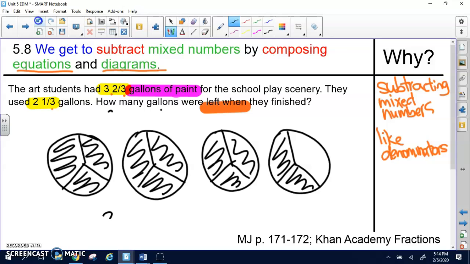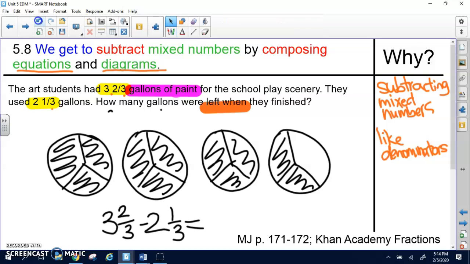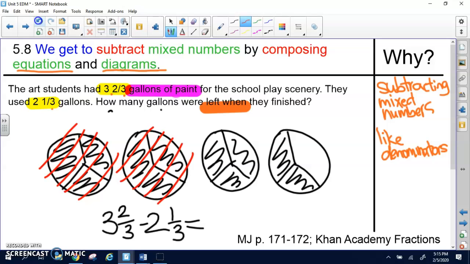So my equation, once again, I always want to write these equations: 3 2/3 minus 2 1/3 equals. What I can do is look at it where I cut out 2 1/3 wholes. So I'm going to eliminate 1 whole. There's my second whole that I'm eliminating. And I just want to take it out of this one. There's another third that I'm eliminating. So what I have left over is this one whole and 1/3.